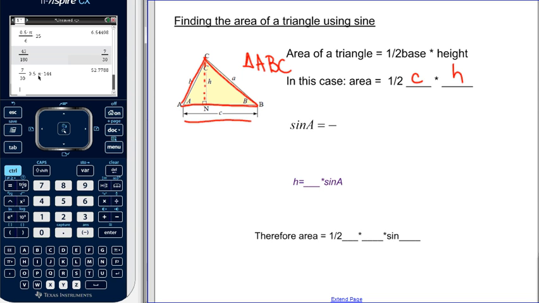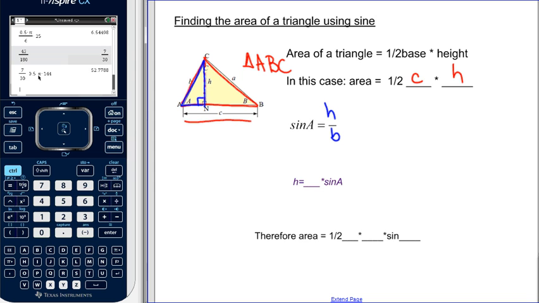Okay, let's look at sine of angle A. So we're looking at this. Remember, we can only use SOHCAHTOA if we have a right triangle. So if we're looking at sine of angle A, we have to only focus on this right triangle here. So sine of angle A, sine is opposite over hypotenuse, right? So that's going to be H over B, right?